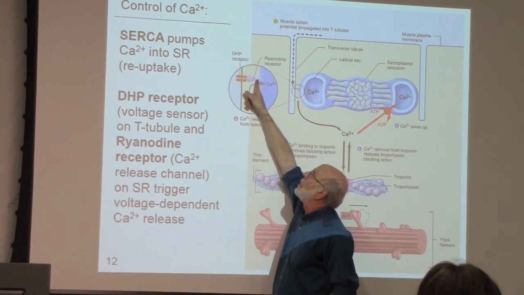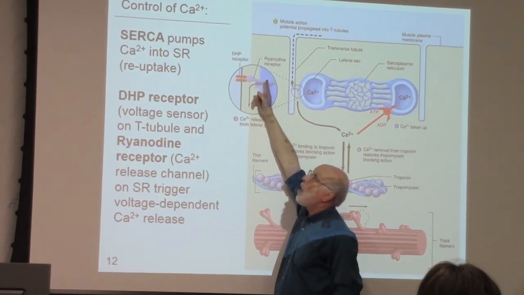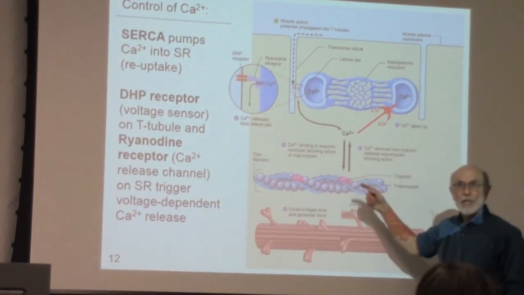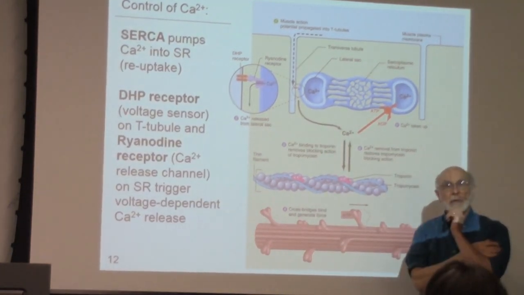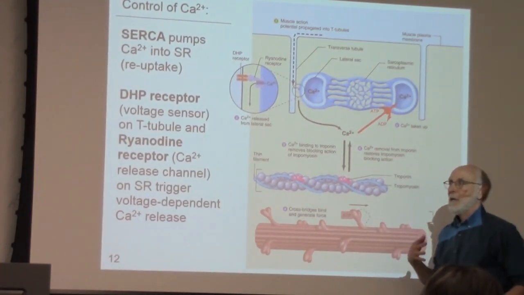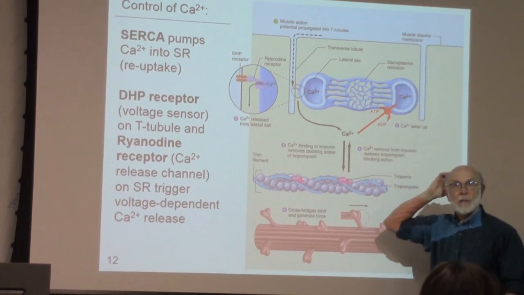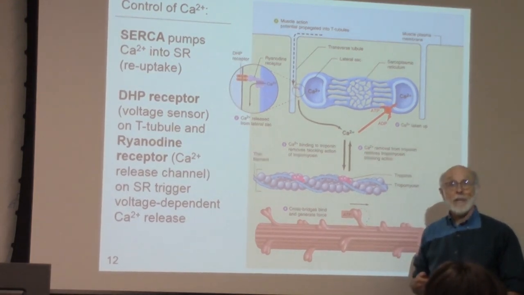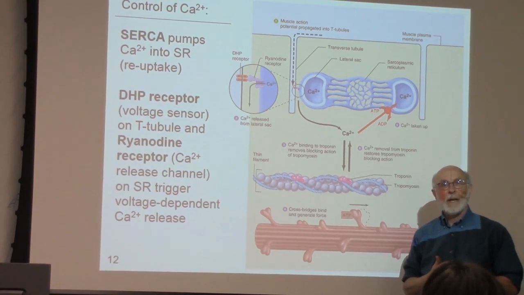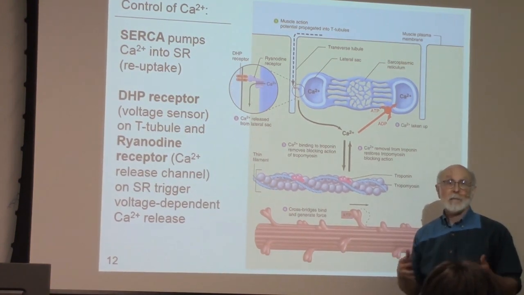Conformational change, opening, calcium release, binding, conformational change. You should be able to narrate this story too. That's the molecular mechanism of calcium-dependent activation of contraction. This is the upstream story from that letters problem, where it led to calcium release.